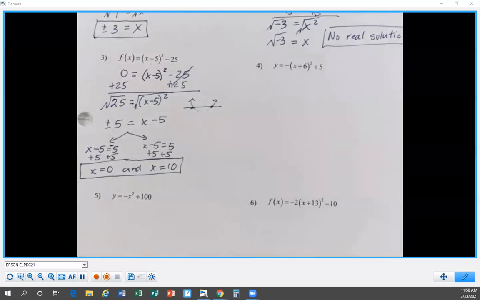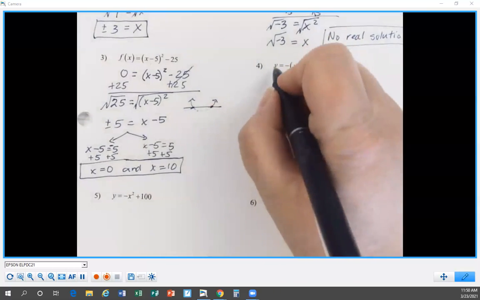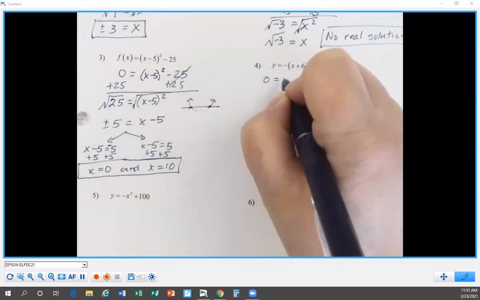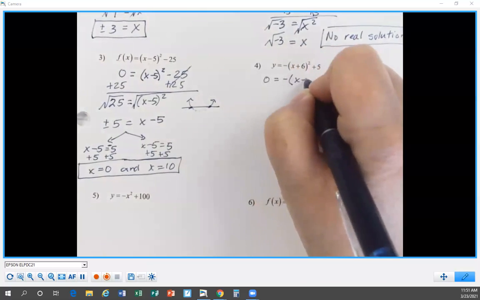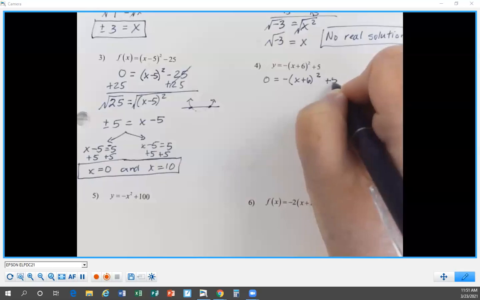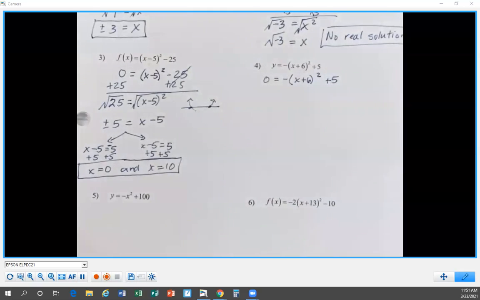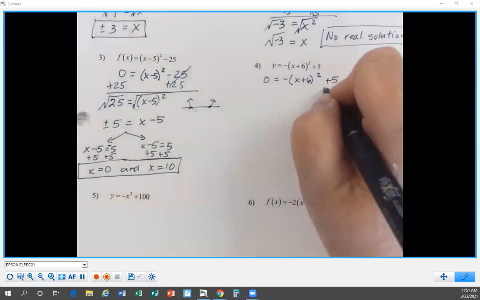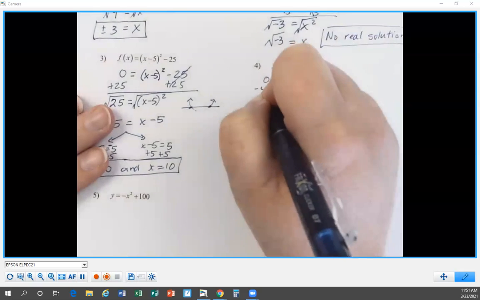All right, so here we have y equals negative quantity x plus 6 squared plus 5. So we're going to substitute the y with 0 so we can solve: 0 equals negative quantity x plus 6 squared plus 5. Okay, we'll use our order of operations in reverse, so subtract 5 from each side.